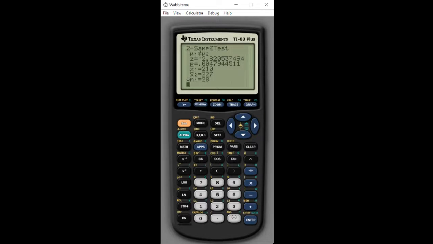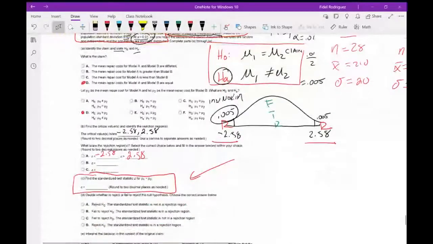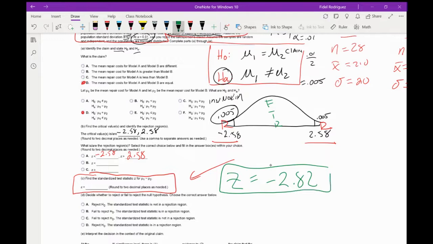Okay, so I'm going to stop sharing this here. Let me share the review again. And in doing that part here, we came up with a z-value of negative 2.82. Okay.